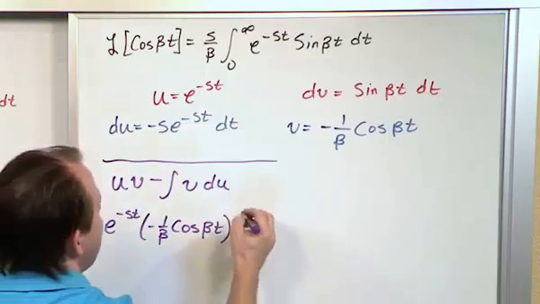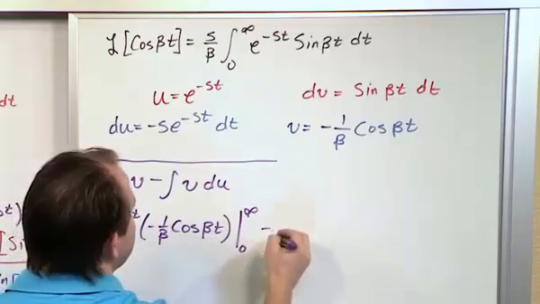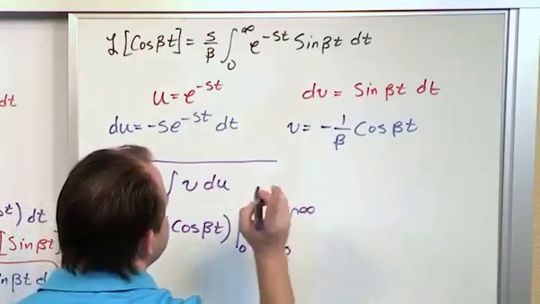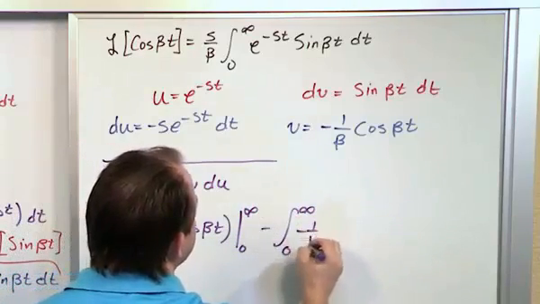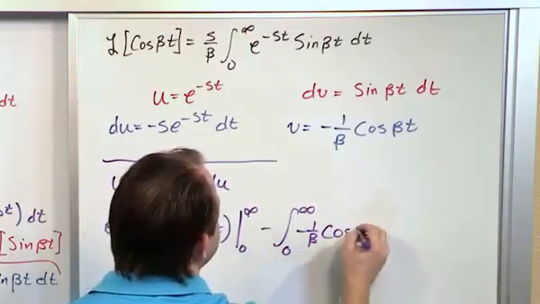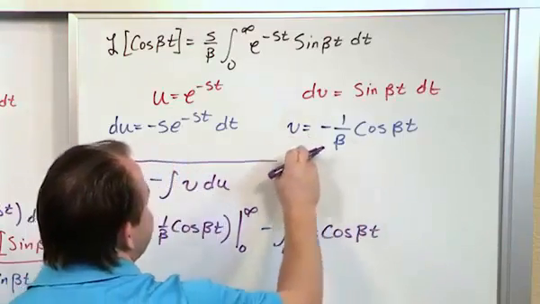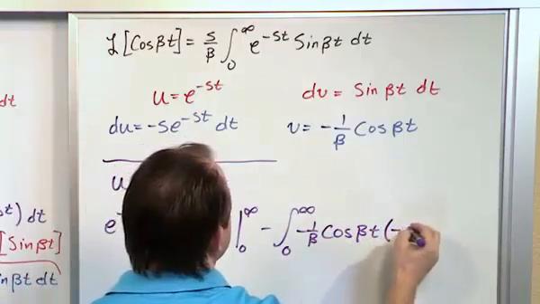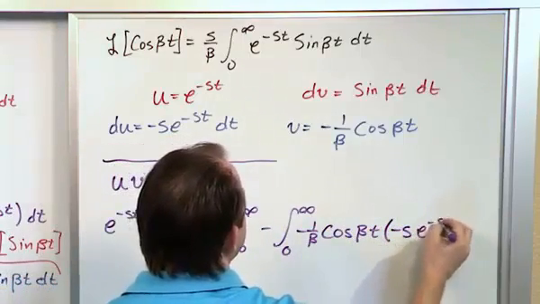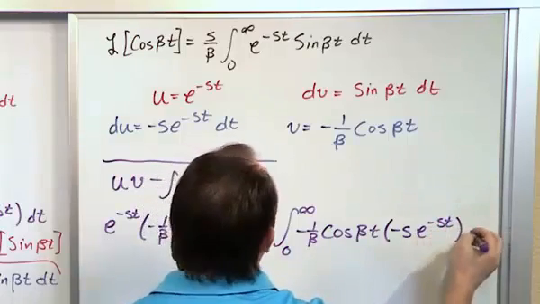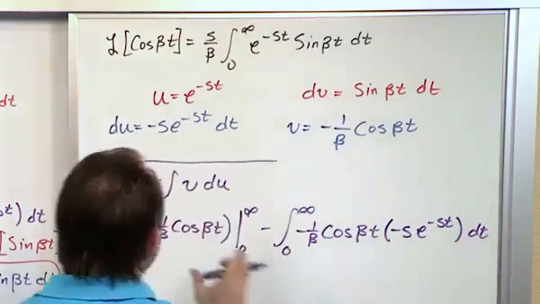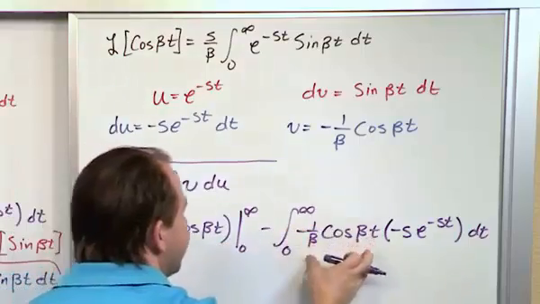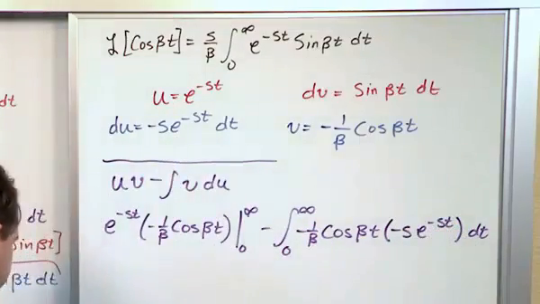U times v, I have to evaluate from 0 to infinity, minus the integral 0 to infinity v du, negative 1 over beta cosine beta t is v, and then I have du, which is this, and I'll open up a parentheses to make it clear, s e to the minus st dt. U times v minus integral v du. That's what you're basically doing here.